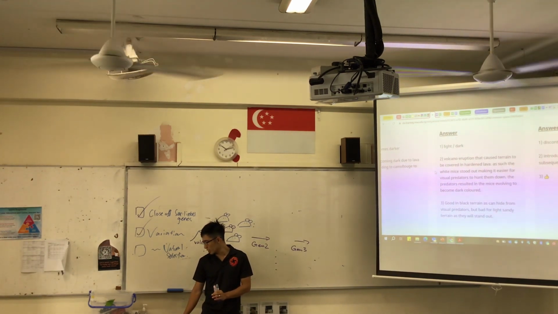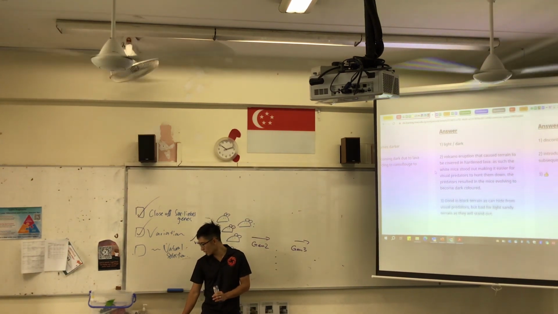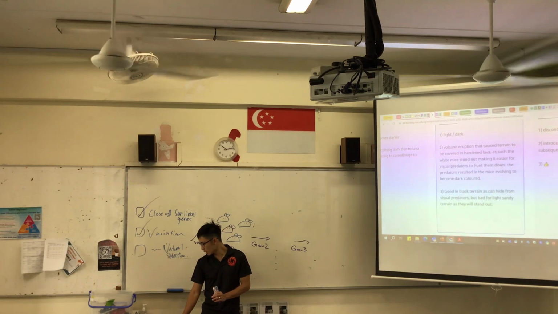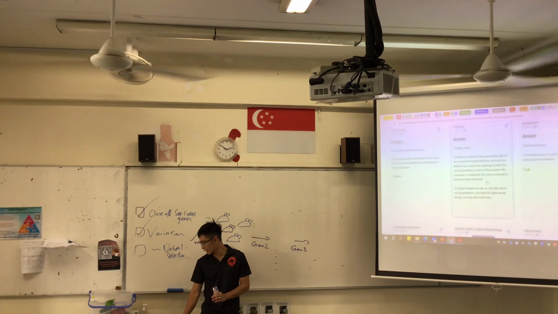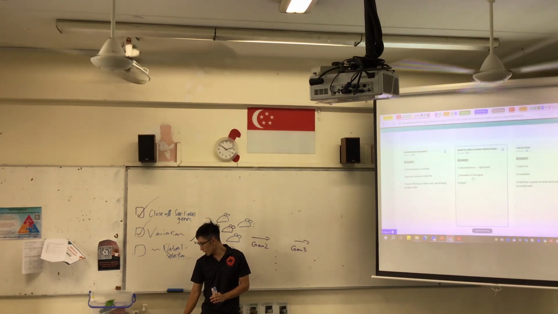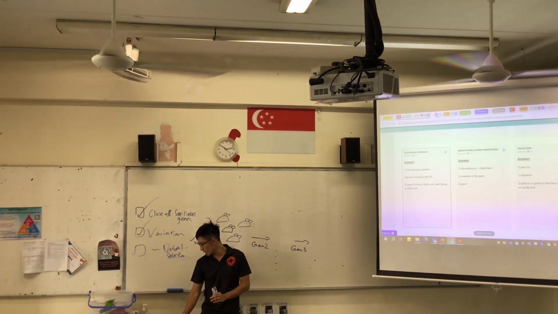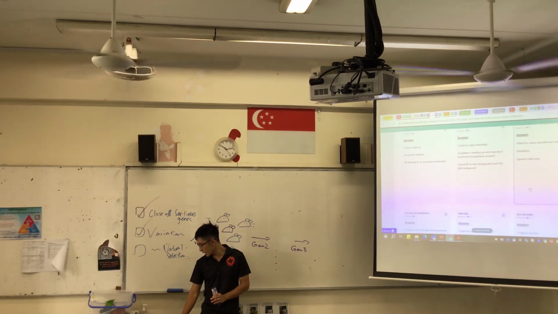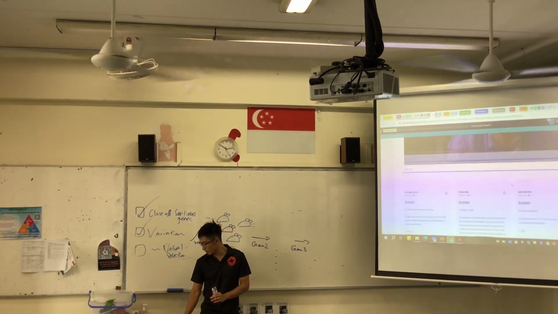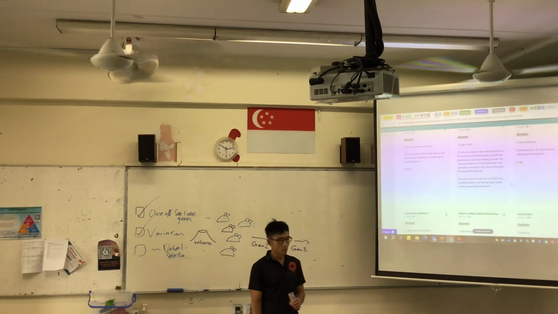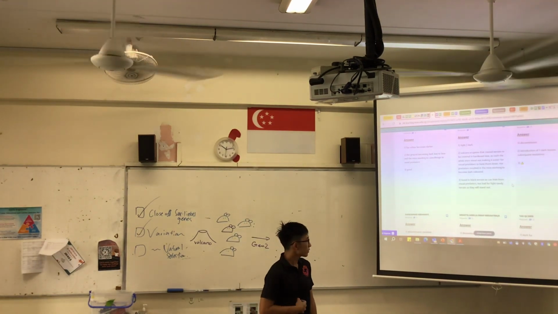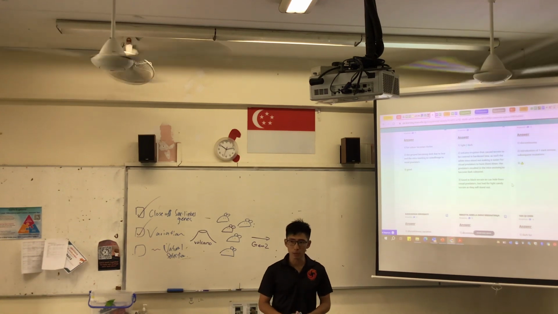Volcanic eruption caused the terrain to be covered by the lava. White mice stood out. The predators resulted in the mice evolving to become dark colored. Okay, mutation, gene mutation. Okay, so we see two variations in our answer. Our answers exhibit this variation. Okay, so which one is more accurate?